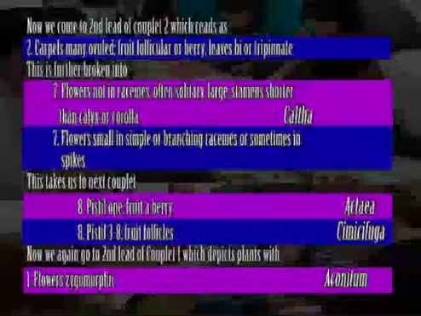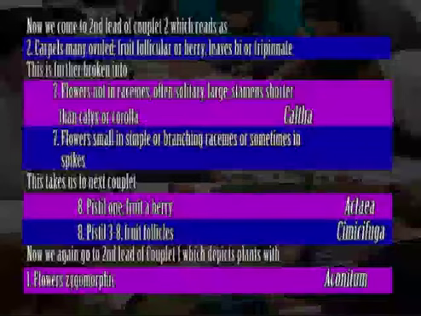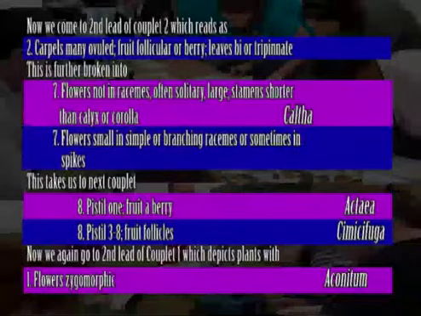This takes us to the next couplet 8, which has two leads as pistil 1, fruit a berry, which refers to Actaea, and pistil 3 to 8, fruits follicle, which are the characters of Cimicifuga.